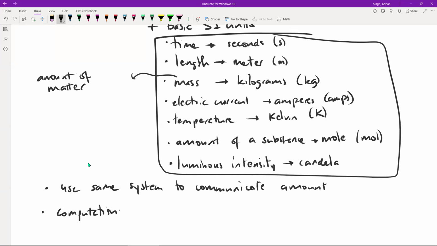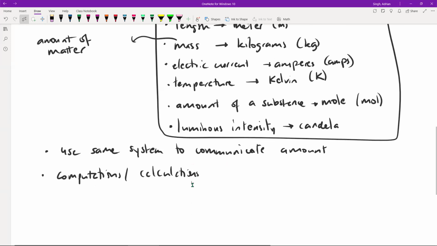Computation of calculations. Using the SI, and by extension the metric system, is going to allow us to do these computations and calculations a lot quicker and a lot more straightforwardly, because the conversions, the relationships between the different units, are going to make a little bit more sense.